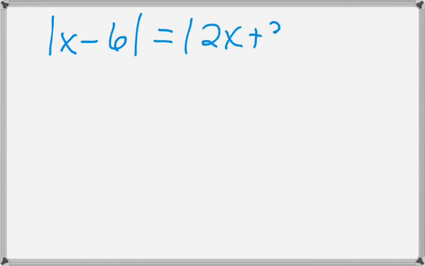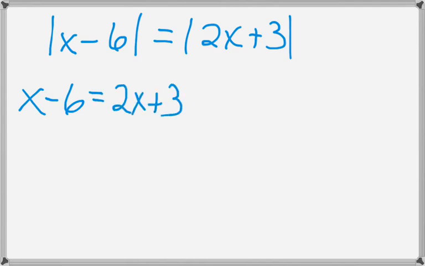So for example, let's say we have this equation. The absolute value of x minus 6 equals the absolute value of 2x plus 3. From what we just discussed, we know that either the stuff inside the two absolute values is equal. So here's one possibility. Or the other possibility is that the two numbers are opposites.